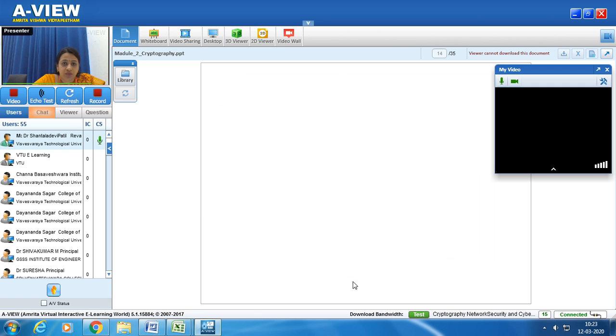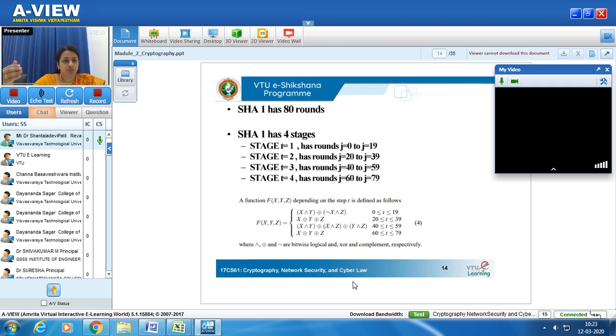Moving further, just to ponder over the literature of the SHA algorithm, we have discussed that SHA-1 has 80 rounds and 4 stages: stage 1, stage 2, stage 3 and stage 4, and each stage has 20 rounds. The first stage has rounds 0 to 19, the second stage has 20 to 39, the third has 40 to 59, and the fourth stage has 60 to 79.